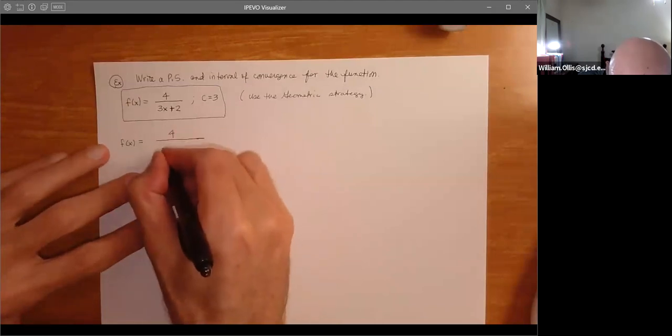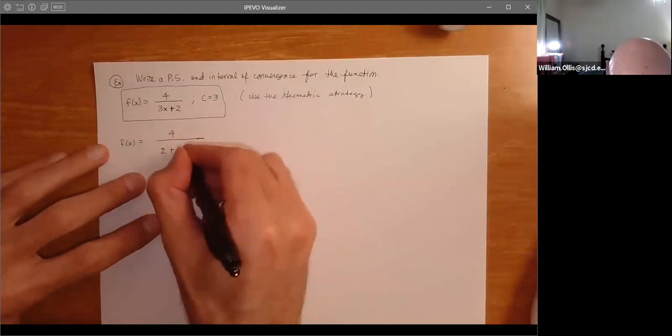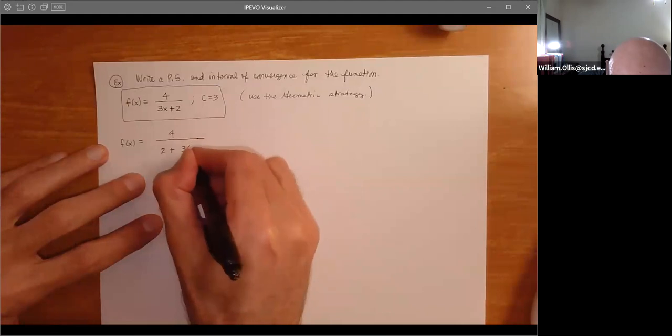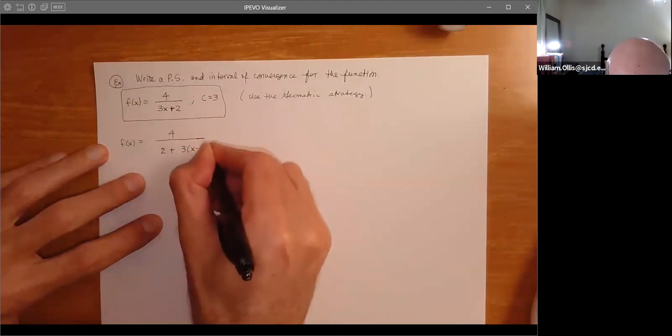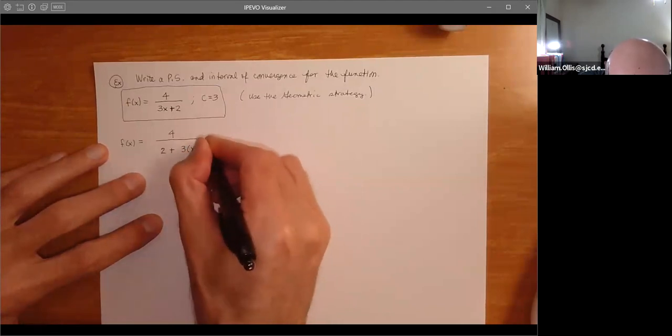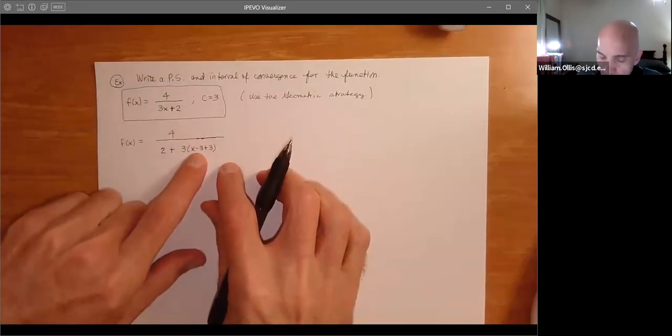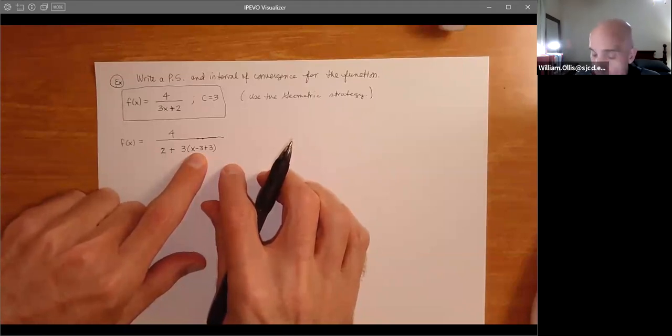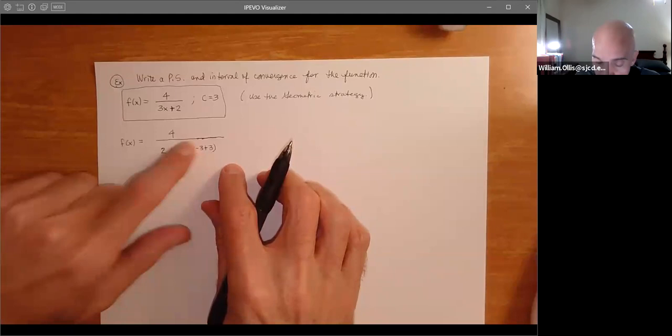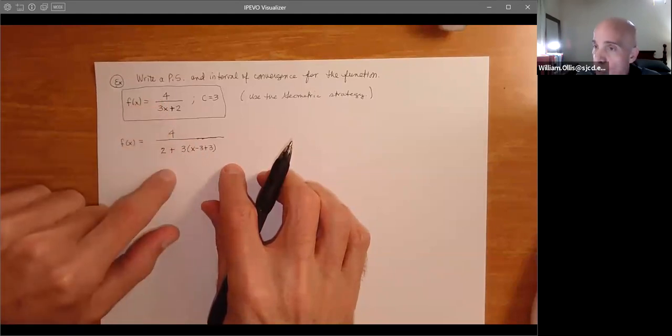So we'll have 2 plus, so we have 3 in this case, x minus 3 plus 3. So this is going to introduce the new center here of 3 by the term x minus 3. But of course, we have to pay for it. So these two expressions are equivalent.